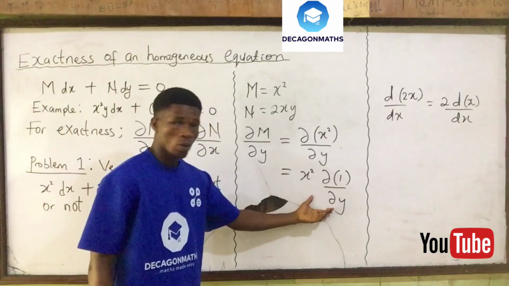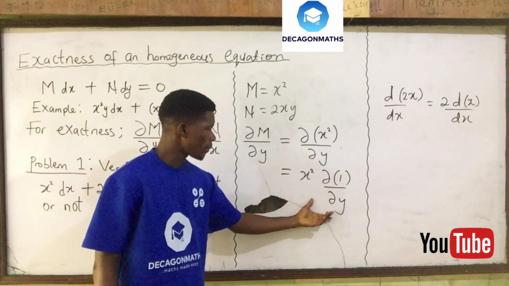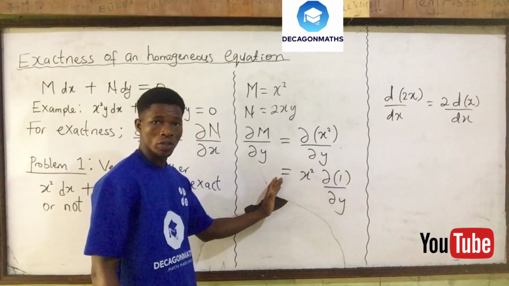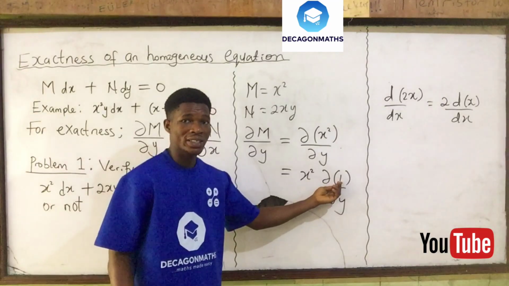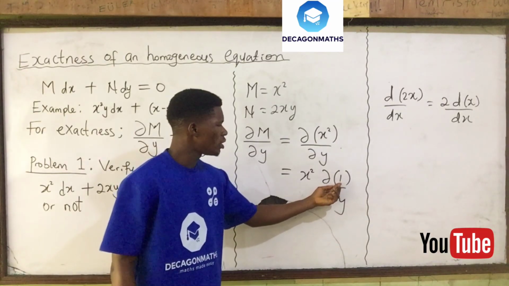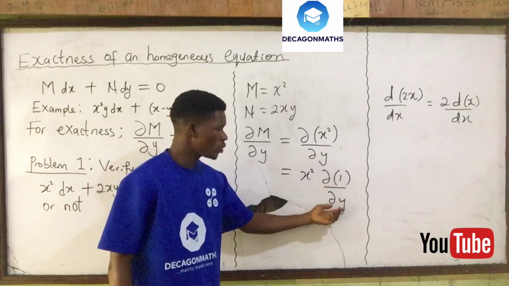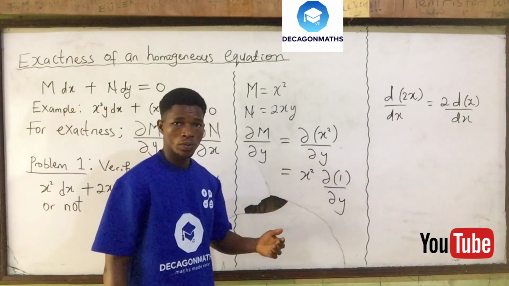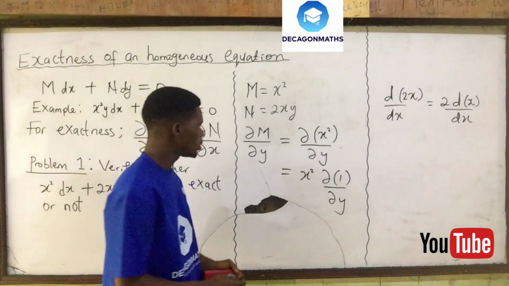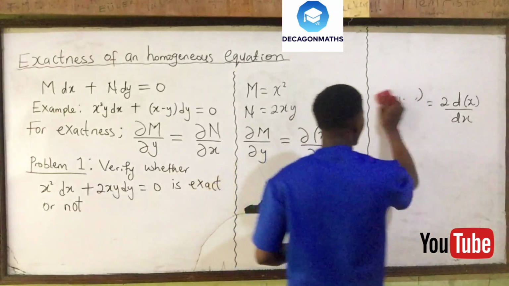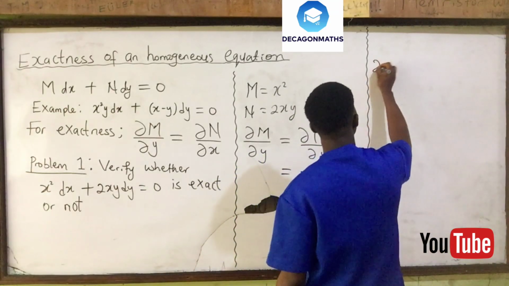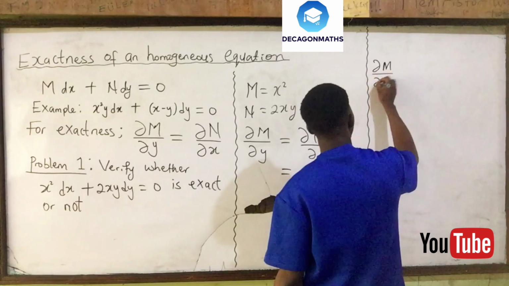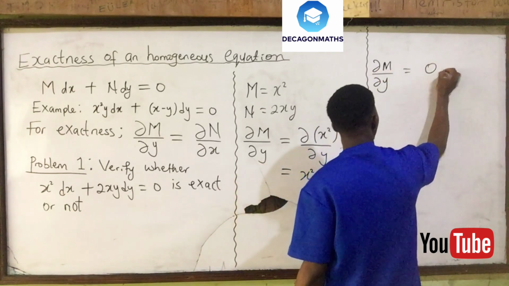When we factor out that x squared, which is the constant, we can see that 1 is a constant, so when we differentiate this with respect to y, it becomes 0. Are you getting it now? So that means the partial derivative of M with respect to y is equal to 0.